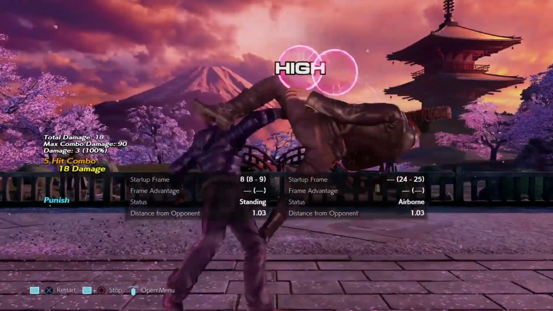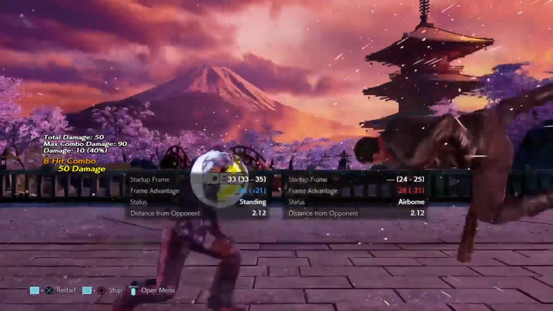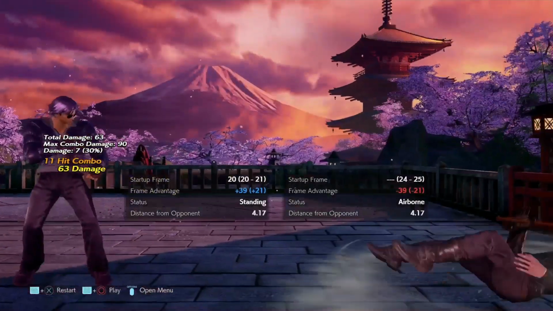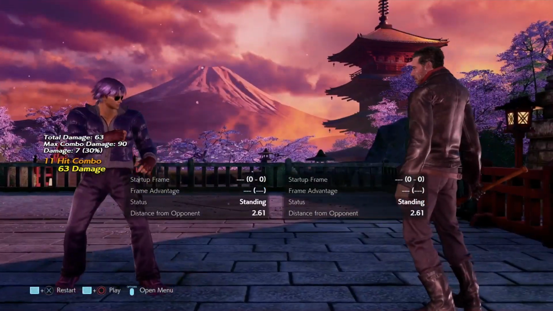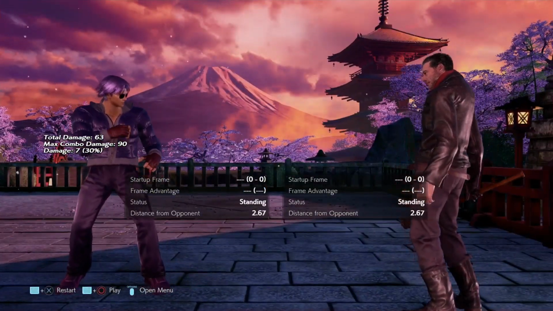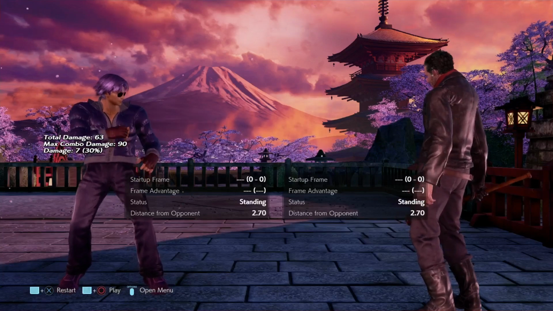So yeah, that sounds kind of complicated, but first of all we have to break down what a frame is. Most fighting games run at 60 frames per second or 60 hertz, but what does that actually mean?